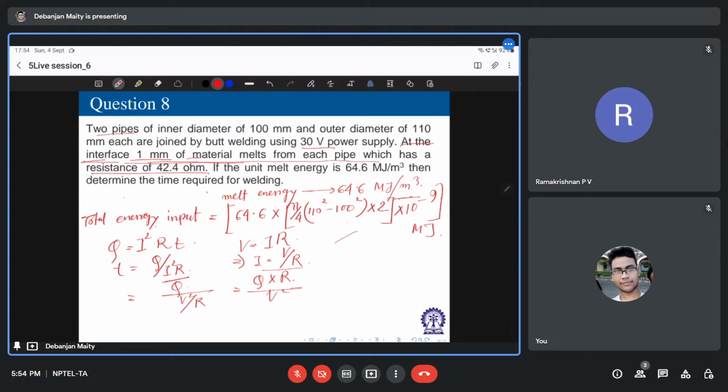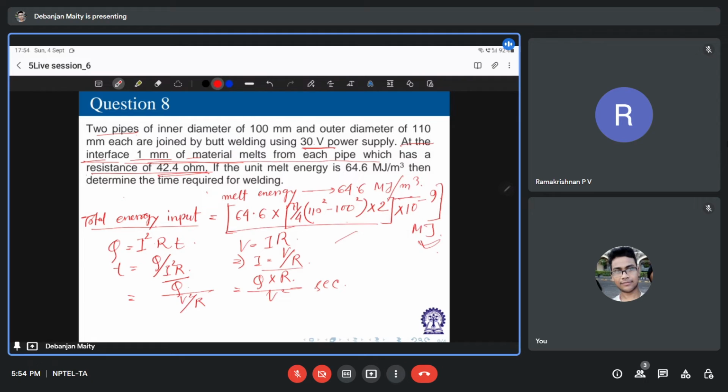Okay. So V value is given as 30 volt. Resistance is also given. We have found out the total energy input as this. Okay. Now everything is given. So time will be coming as this in second. I don't know what this answer will be.